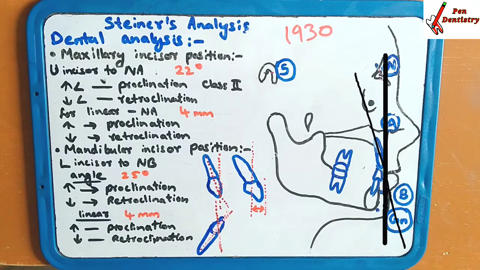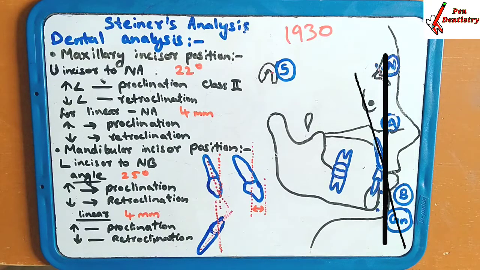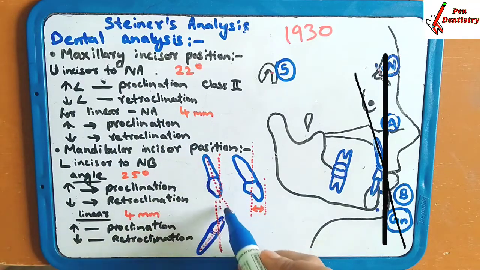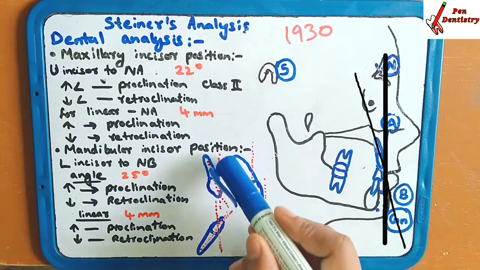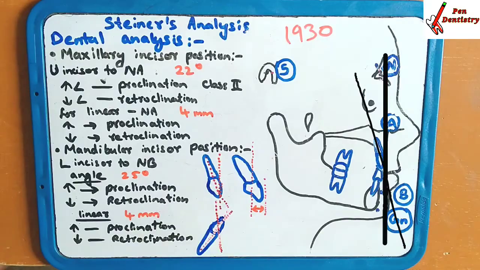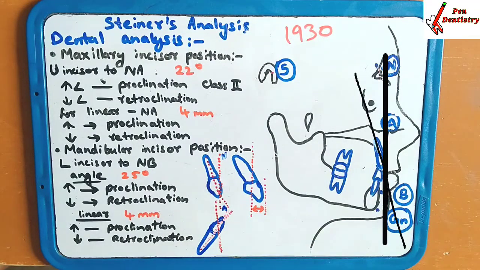and you take the long axis of the tooth. To make the angle of the upper incisor to NA, the long axis of the tooth is taken along with the NA line, and the measurement is done.